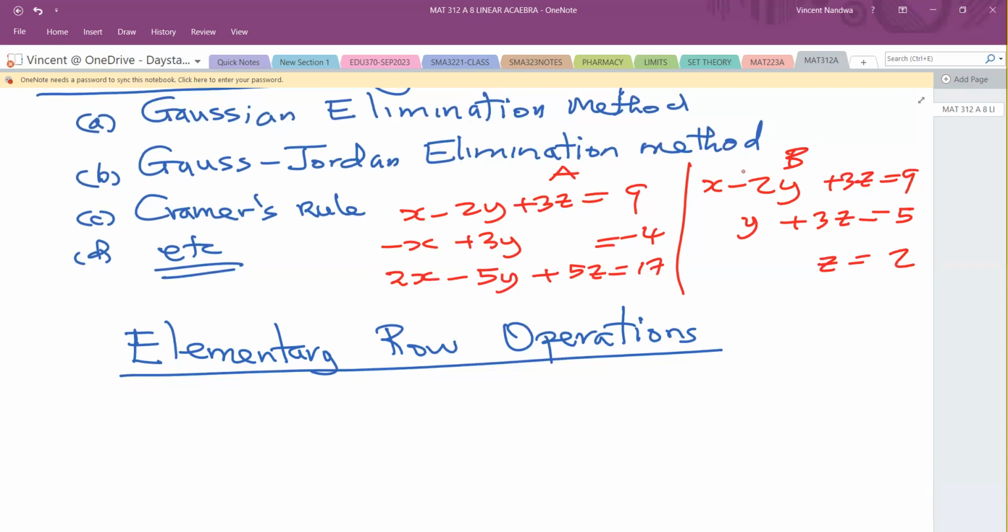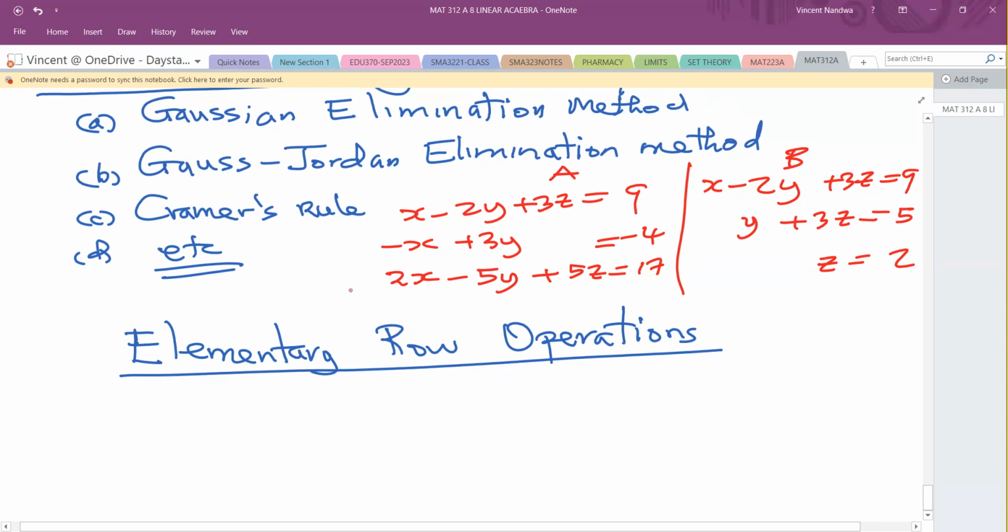The second one is easier because, in fact, the second one gives the value of z without even writing down anything, 2. So with that value of z, you can replace in the second equation, and then you can get the value of y, okay? And then by the time you get the value of y, you already have z. So you replace the y and z and you get the value of x in much easier way, okay?